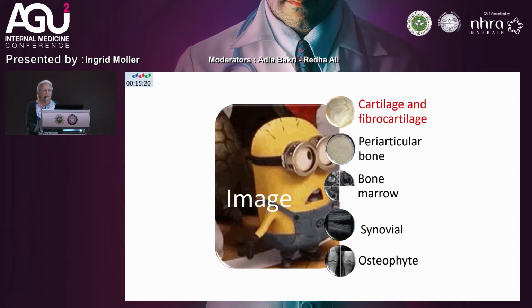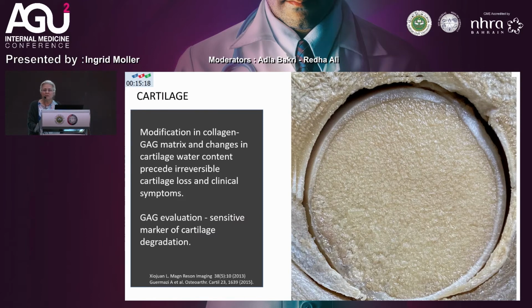What about the cartilage and the fibrocartilage? We know that the cartilage is a kind of lazy tissue. We have this chondrocyte that is not so active, is making the extracellular matrix, is giving the collagen and the glycosaminoglycans.